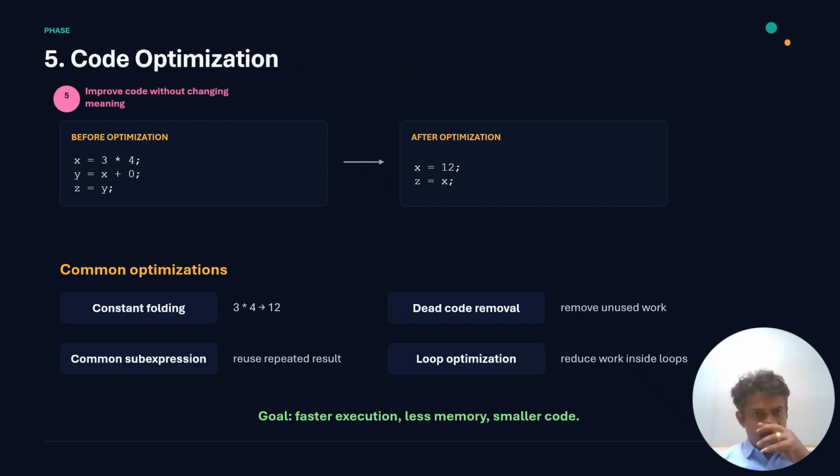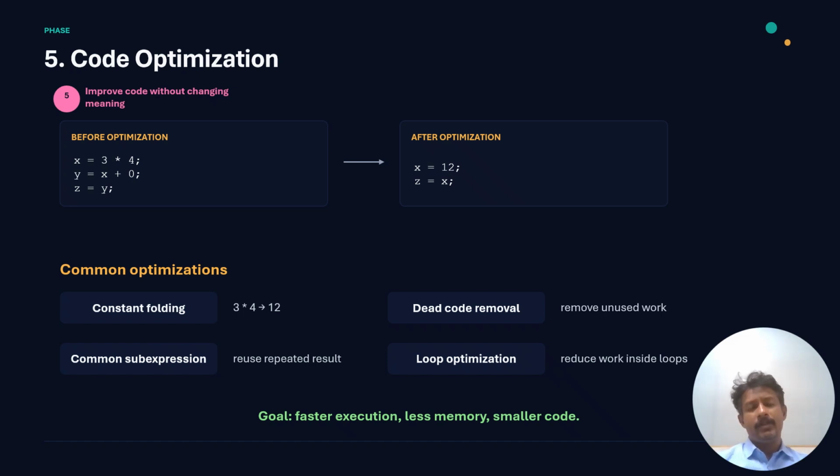And the next phase, the fifth phase, is called code optimization. Optimization means improving the code without changing its meaning, right? The output of the program must be the same, but the program should run faster and use less memory or become smaller.